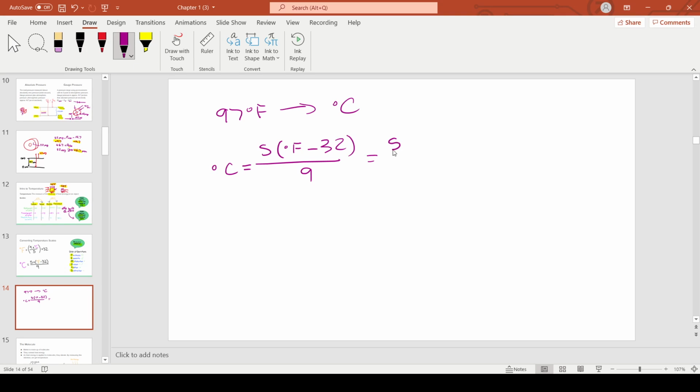So that's going to equal 5 times 97 minus 32 over 9.